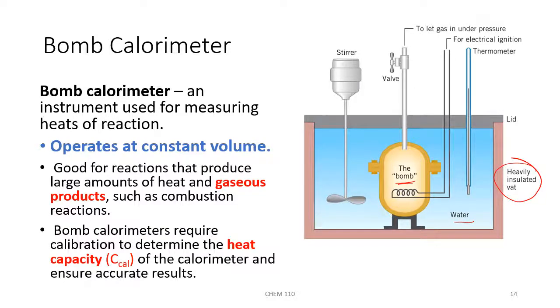The bomb calorimeter first is calibrated by determining, or being told, what the heat capacity of the calorimeter itself is. And if you remember, heat capacity is not the same as specific heat. Its symbol is a capital C, whereas with specific heat it's a lowercase c. So we'll have to know the heat capacity of our calorimeter in order to determine a much more accurate depiction of the heat from a reaction.